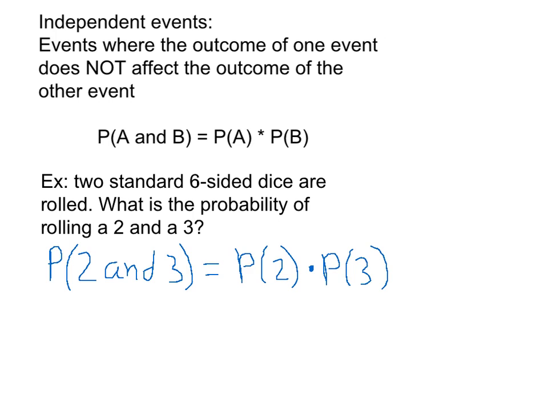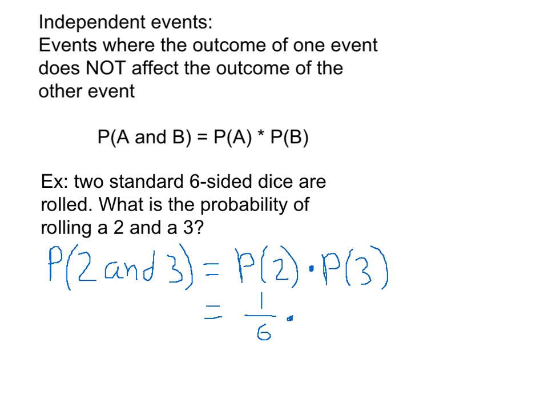So we need to know the probability of getting a 2, and then the probability of getting a 3, and then we can multiply those together. Because we have 6 sides, and only one of them is 2, I have a 1 in 6 chance of getting a 2. The actual number that I want doesn't really matter. It's just that there's only one number that I want out of the six total possible numbers I could get.